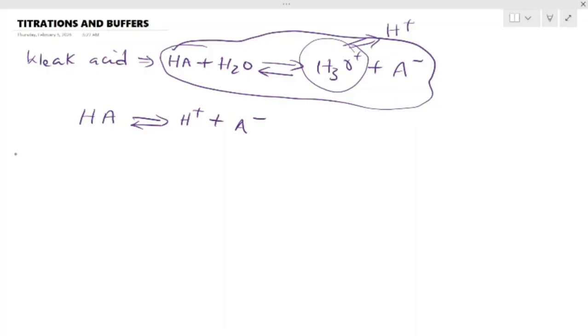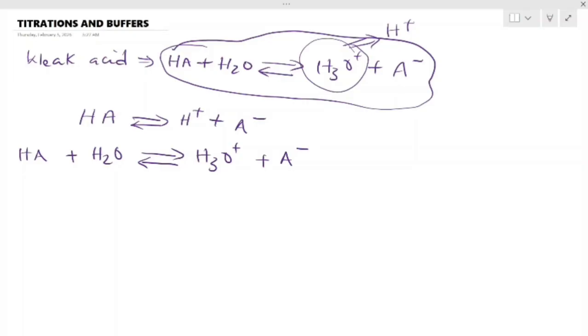So if we take that reaction equation again, like I wrote earlier, we have HA plus water in solution, HA signifying the weak acid, and you have your forward reaction and your backward reaction, and you have your hydronium ion H3O plus plus your A minus.